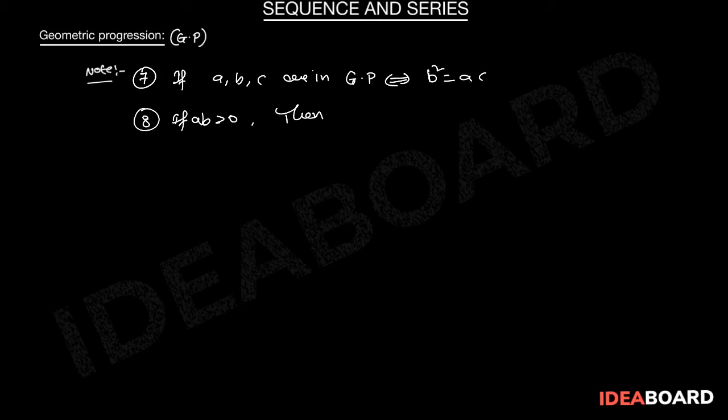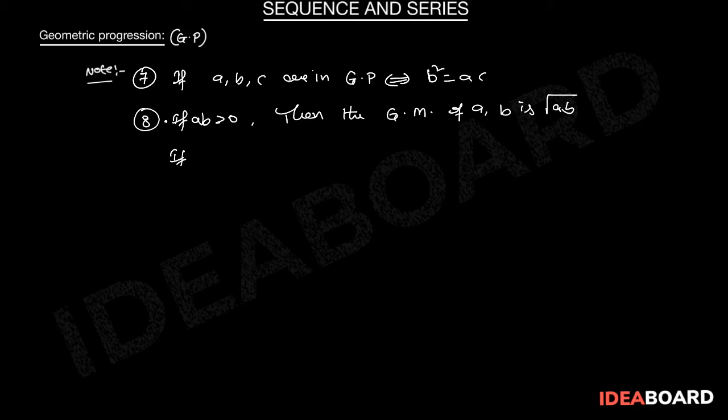Seventh one is, if a, b, c are in geometric progression, then that implies and is implied by b square equal to ac. Eighth one, if ab is greater than 0, then the geometric mean of a, b is root of ab.